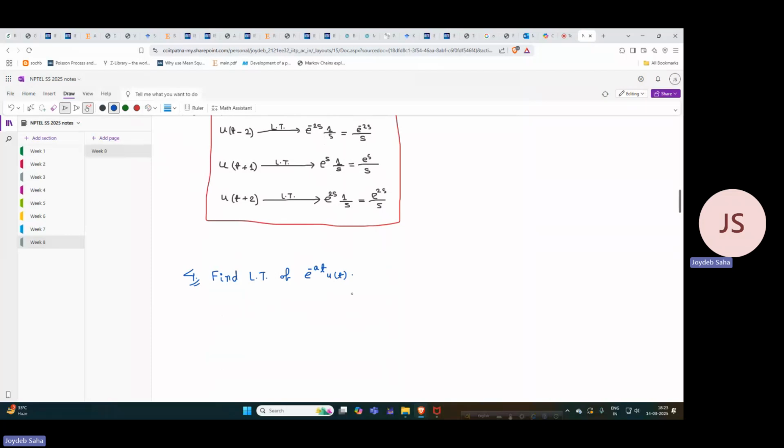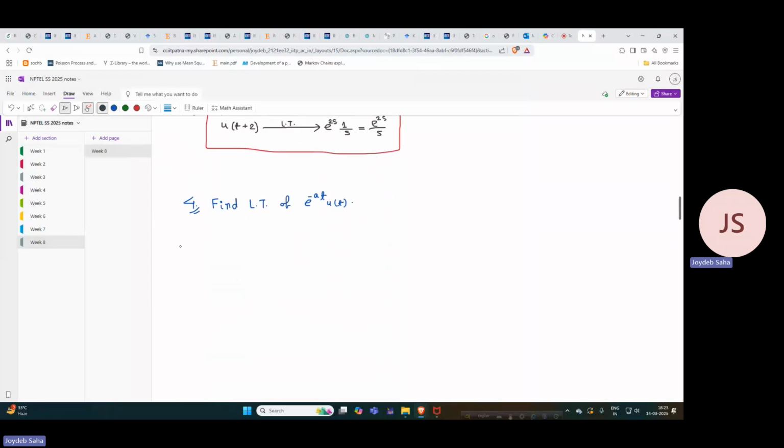Look, we have solved this problem in an earlier session, but here we will solve it using a different approach. So here the property is shifting in the s domain.